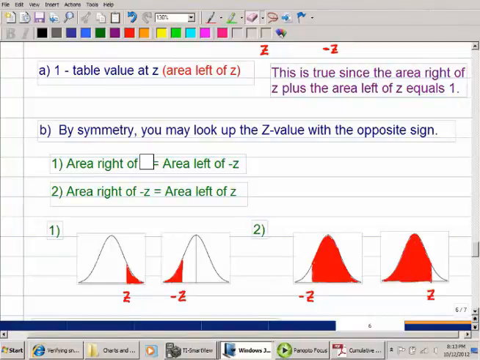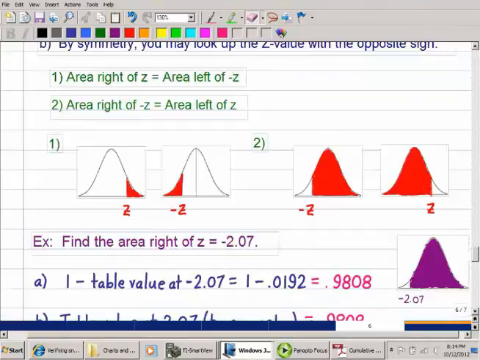So all you have to do is, if it's area right of a positive z, you can just look up the negative z value on the chart, and that will be your answer. If it's area right of negative z, look up positive z on the chart, and that will give you the answer. This is only for area to the right do you do this. If your problem's already area left, like we just learned before, then you don't have to do anything. Area left is already what the chart value is.